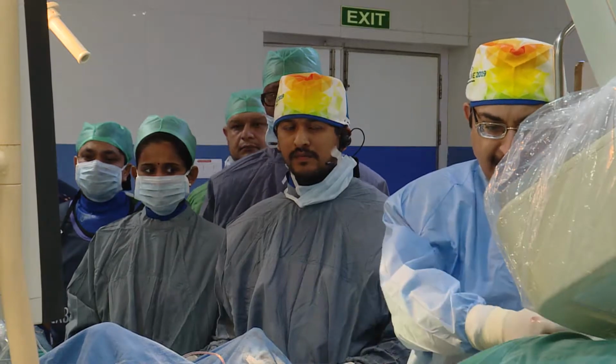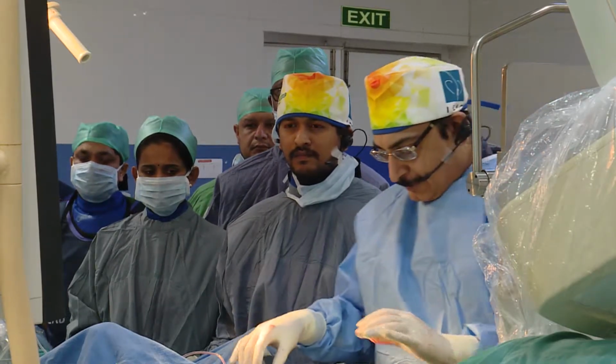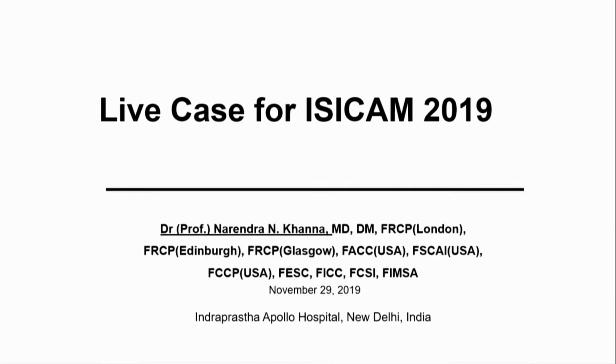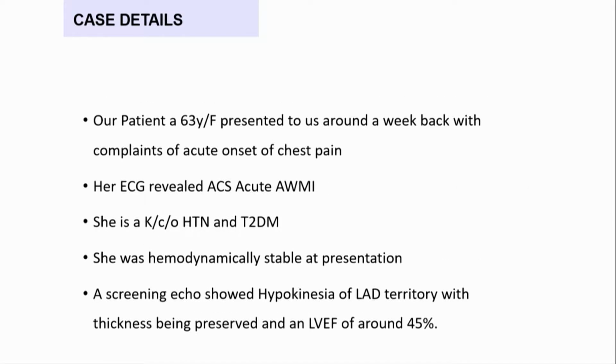Okay, so we have a very interesting case, and let us see whether we will be able to finish it in time. This lady presented to us a few days back with an acute MI, and she underwent a primary angioplasty, but her creatinine was 3.3 at that time.